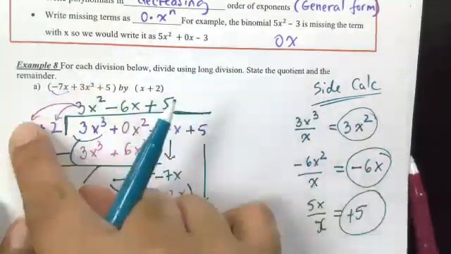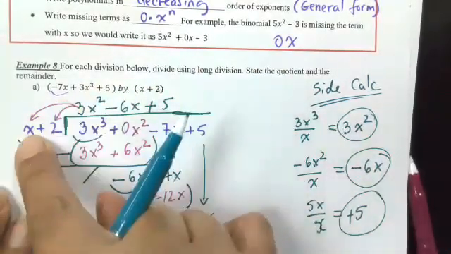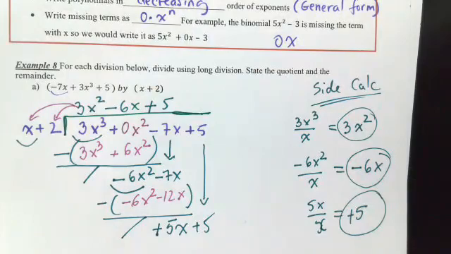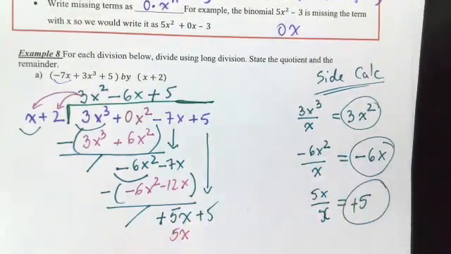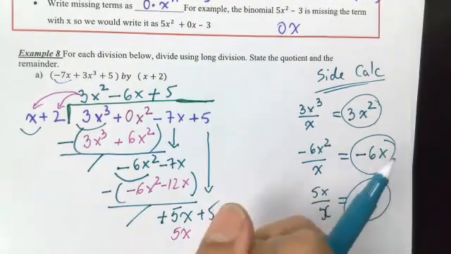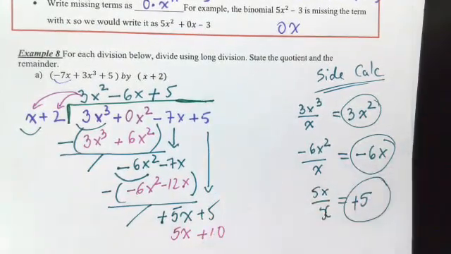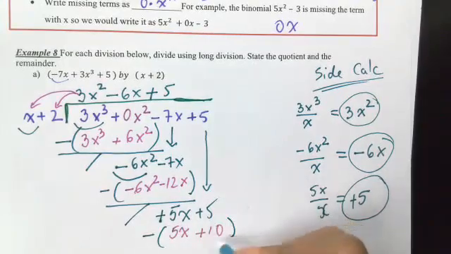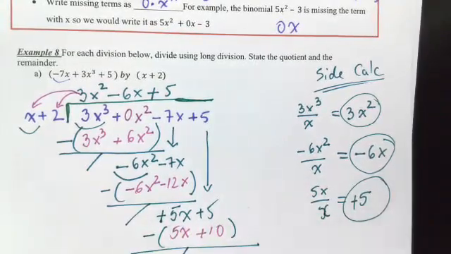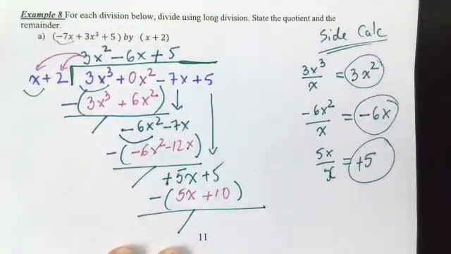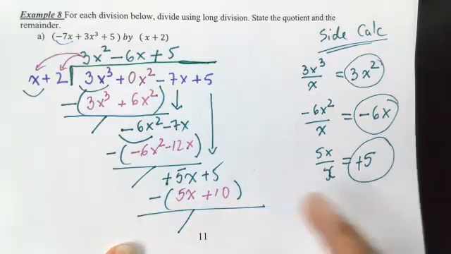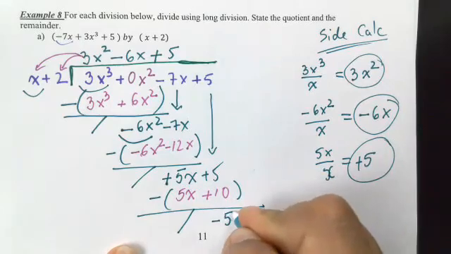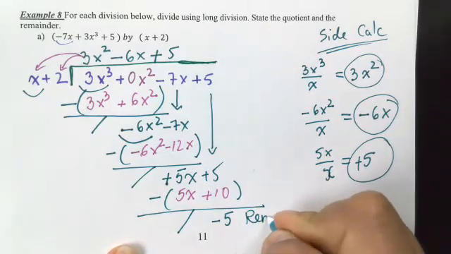And then multiply 5 times x is 5x. 5 times 2 is 10, positive 10. Subtract vertically. Nothing for the first subtraction. 5x minus 10 is negative 5. That's our remainder.